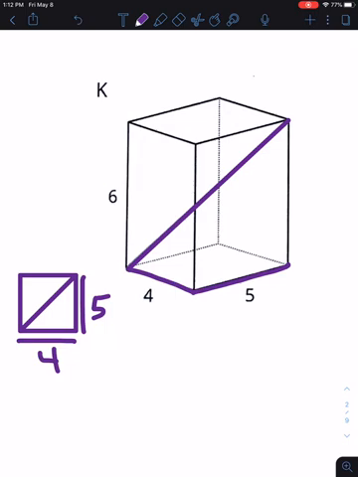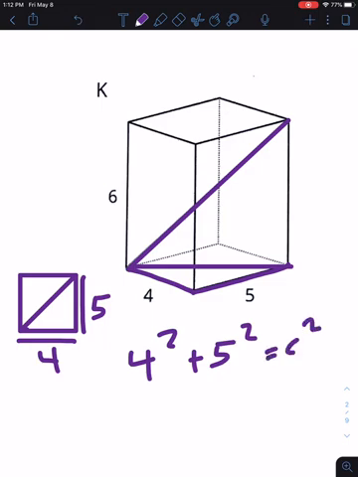So what we can do is find the length across from here to here, which in this prism is going to look like this. So we can find that length. Let me make that a little better. If we do 4 squared plus 5 squared, we're going to get c squared. 4 squared is 16 plus 5 squared is 25.